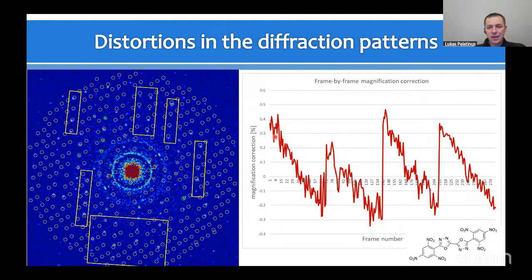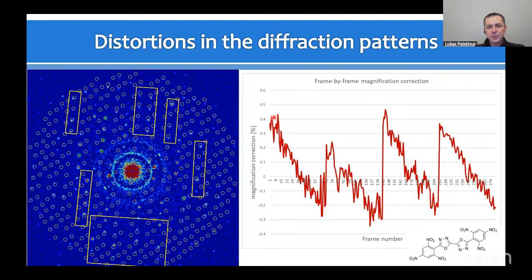And finally, the radiation damage. This is again quite an extreme but not completely unusual case of the effect of radiation damage. This is a large crystal that was measured in 3 batches, and during the tilt, the beam was shifted 4 times on different parts of the crystal. And this curve shows the magnification correction, so basically the overall scale of the lattice parameters.